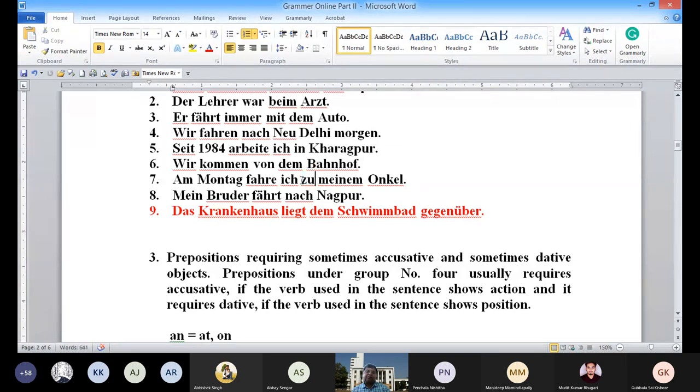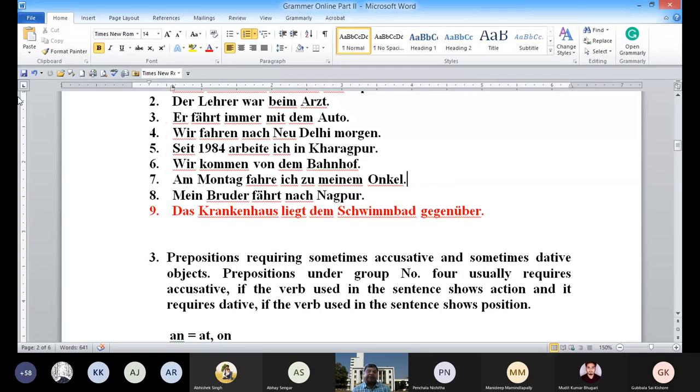Am Montag, on Monday, fahre ich, I travel, zu meinem Onkel, to my uncle. So here meinem, because Onkel is masculine, der Onkel, so it has become meinem Onkel, to my uncle. You cannot use nach here. You have to use zu, because it's not a proper noun.